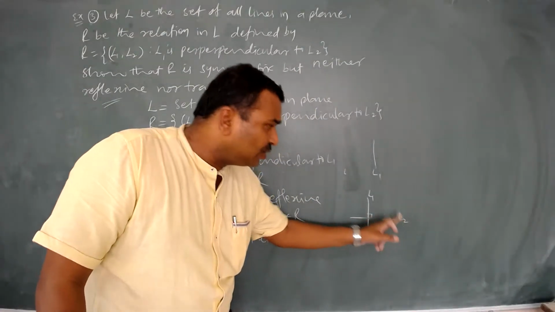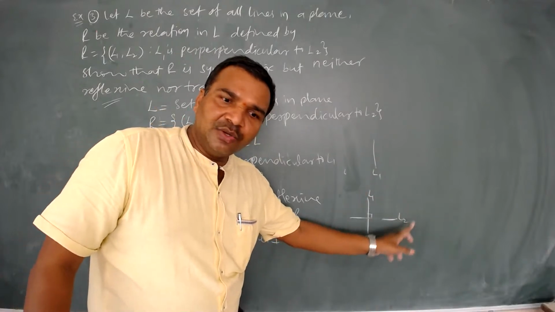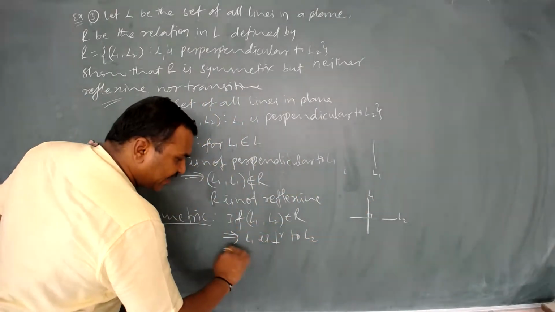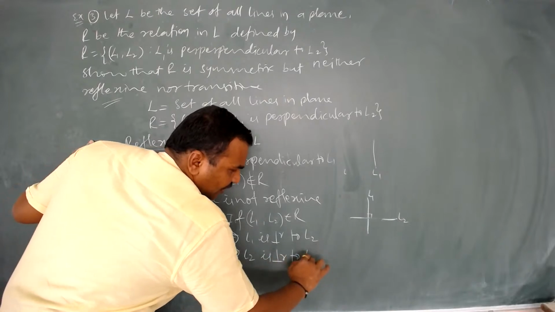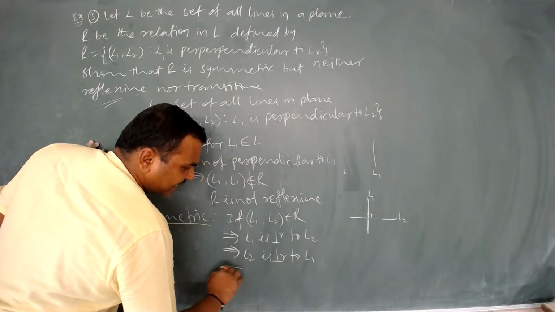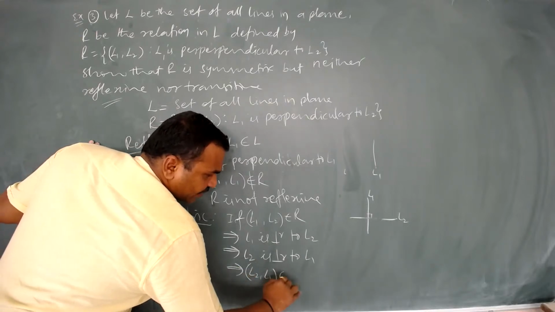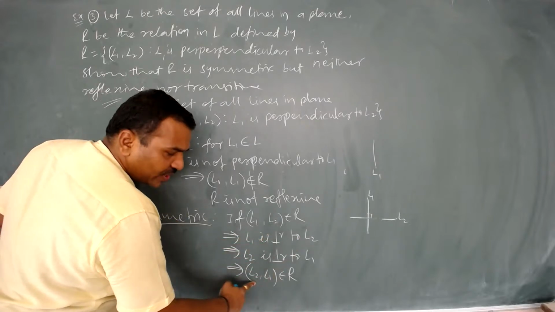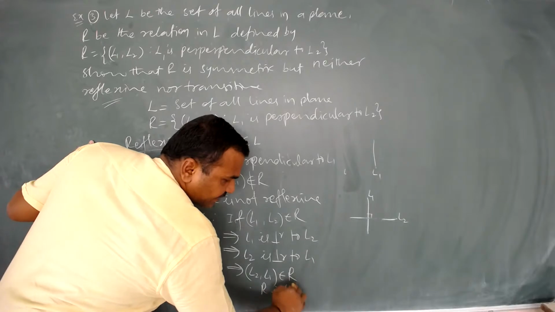Then we can say L2 is also perpendicular to L1. Correct? So directly we can write L2 is perpendicular to L1. So (L2, L1) satisfies the condition. So (L2, L1) belongs to R. First we have taken (L1, L2) belongs to R. Now we proved (L2, L1) belongs to R. Therefore R is symmetric.